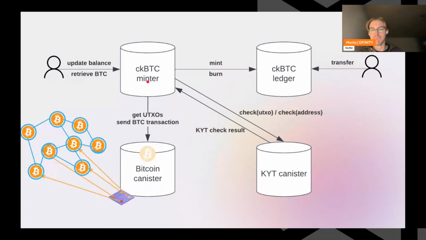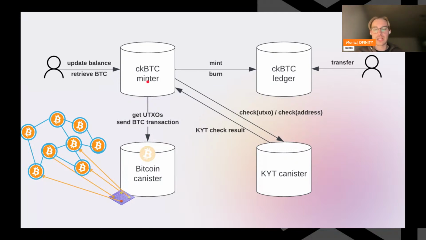The ckBTC minter holds the actual Bitcoin on the Bitcoin network and is responsible for minting and burning ckBTC on the ckBTC ledger accordingly. So when you want to get ckBTC, you have to give it Bitcoin on the Bitcoin network, and then it will mint ckBTC for you on the Internet Computer. And if you want to get rid of your ckBTC and you want to get Bitcoin, it is going to burn your ckBTC and send Bitcoin that it owns or that it controls on the Bitcoin network to your address.